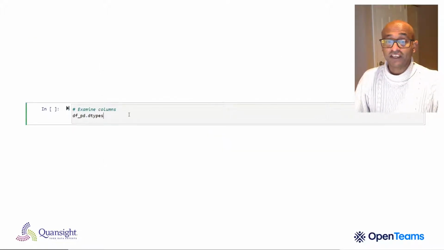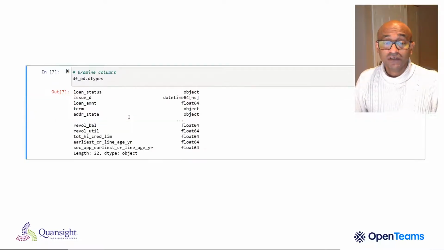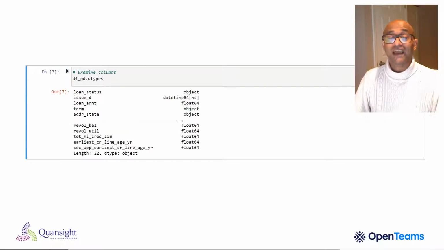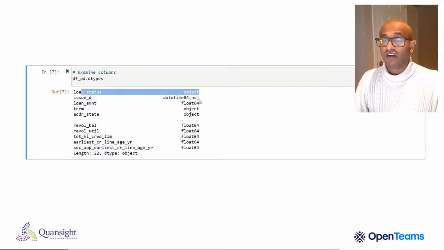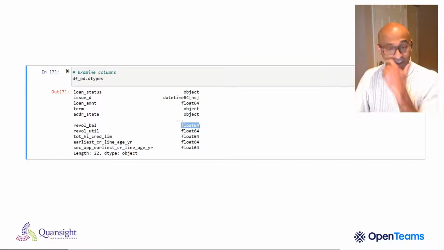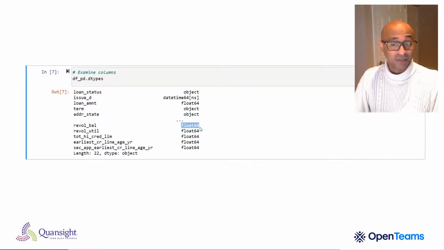We can look at the schema using the .dtypes attribute, and we end up with a Pandas series, and we see that all of the categorical columns are encoded as objects, which really means strings in this case. The numerical columns are mostly 64-bit floating types. That's partly because some of them have missing values.